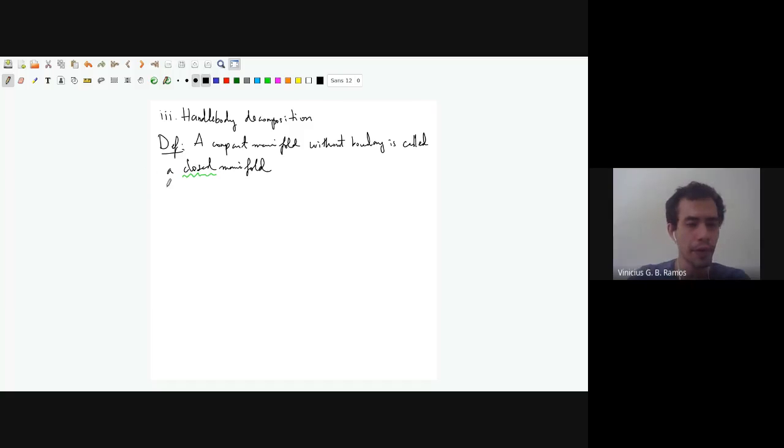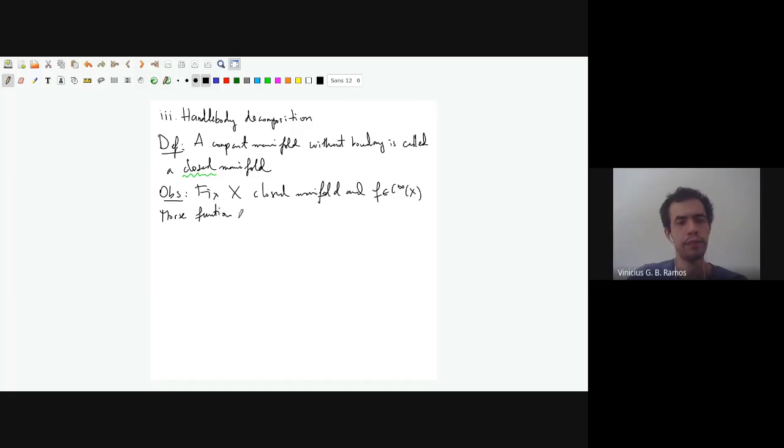Okay, so my observation is this: let's fix X a closed manifold and f a Morse function. For each regular value a in R, we can define a manifold X_a, which is the preimage of (-infinity, a].